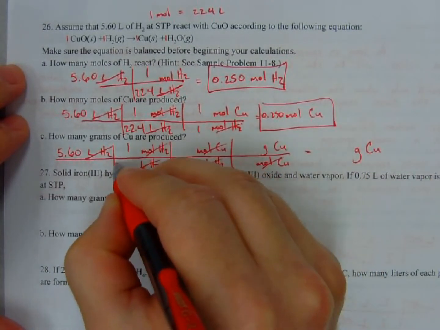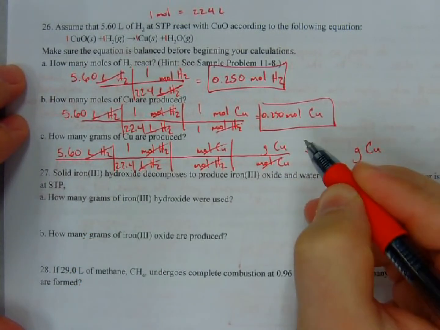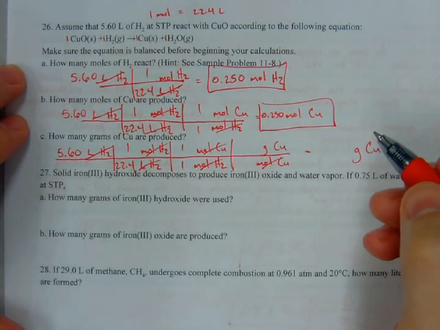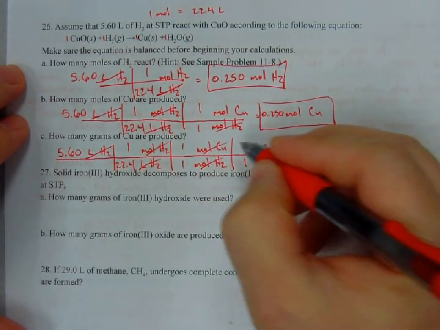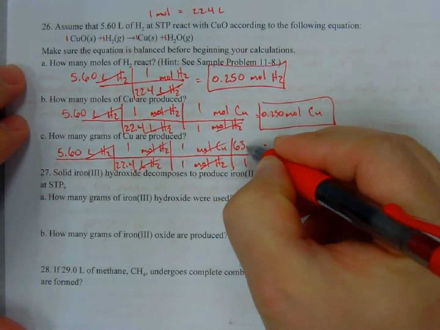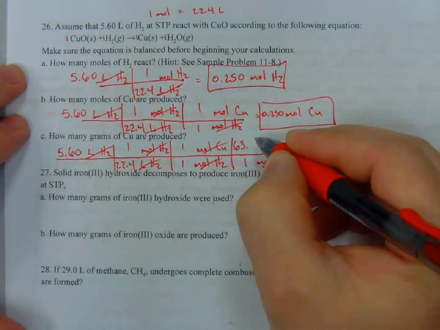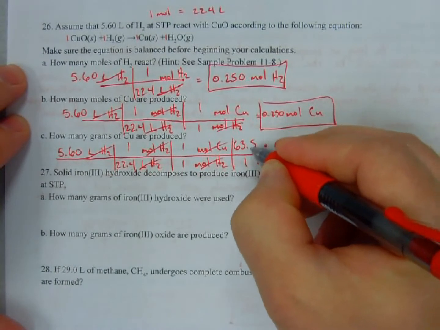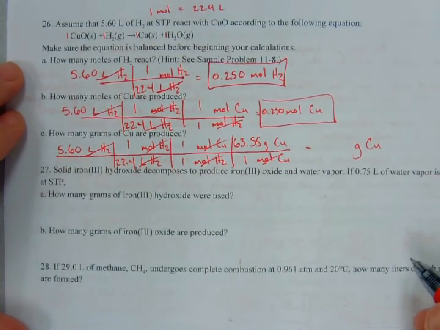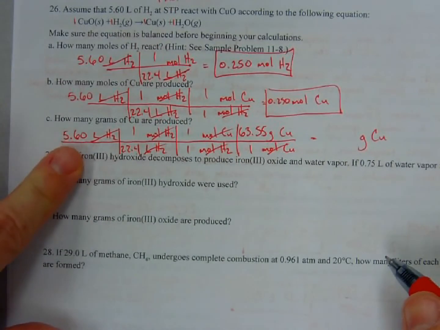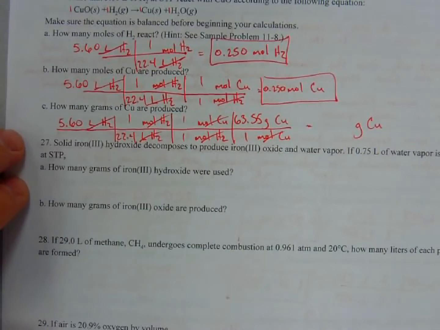So 1 mole occupies 22.4 liters at STP, which is what we are. That's a 1-to-1 molar ratio. And then 1 mole of copper, looking at the periodic table, has a mass of 63.55 grams. Now I'm still going to report my answer with 3 sig figs because this is limiting me over here. But we are all set up.